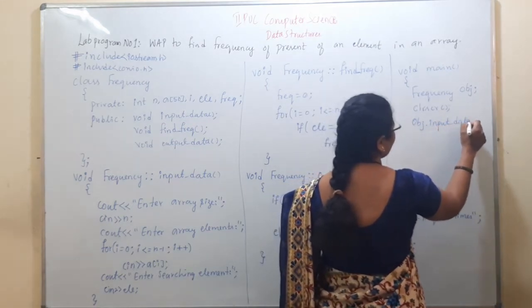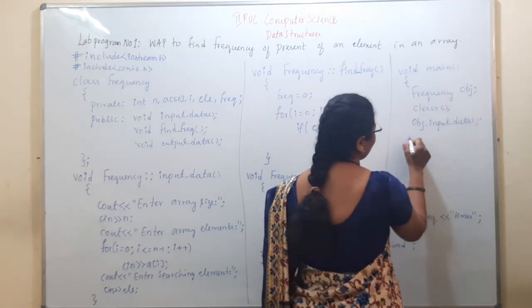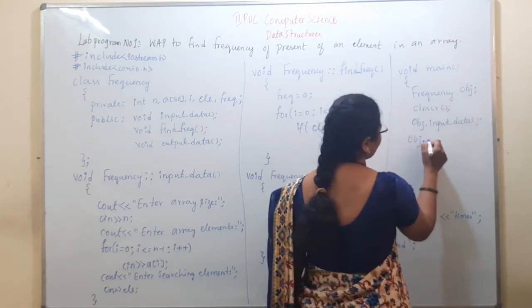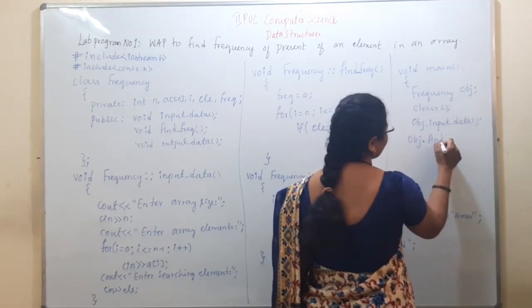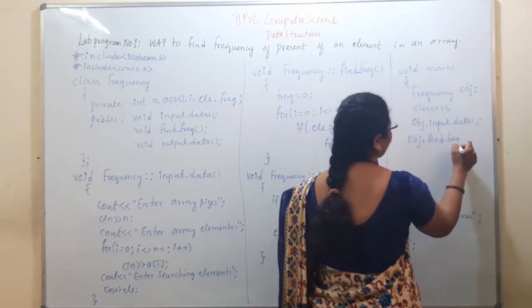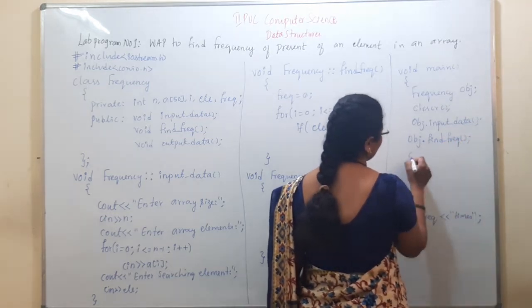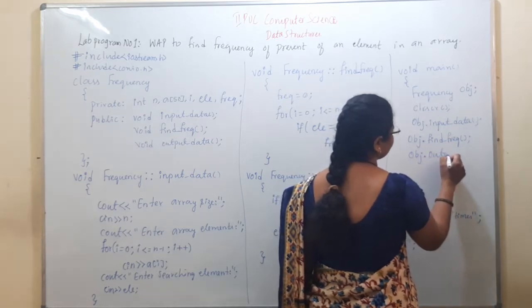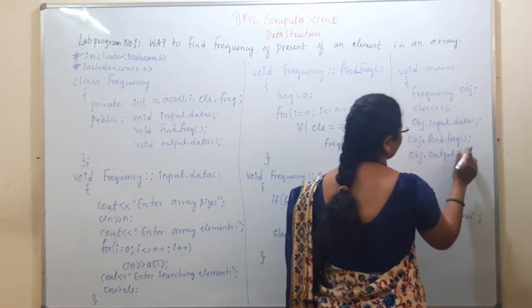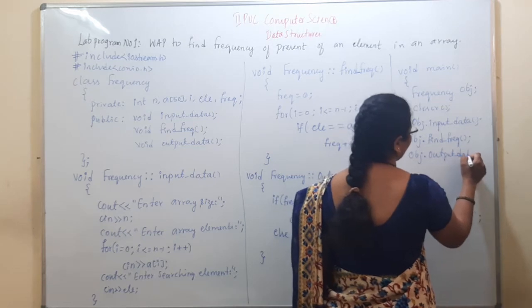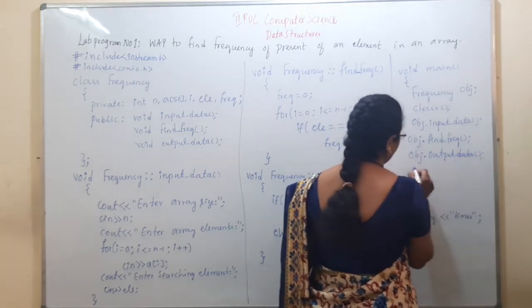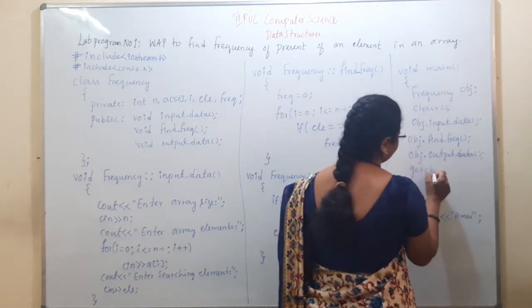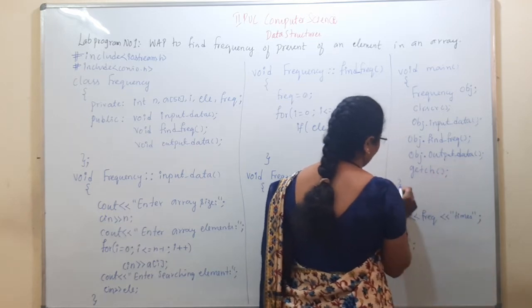First invoke the input function, then invoke the find frequency function, then invoke the output function called output data, then getch, then end of the program.